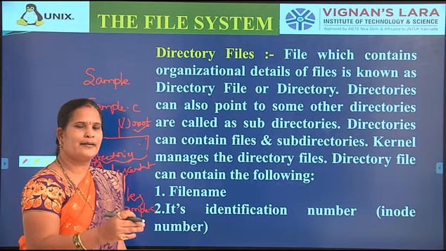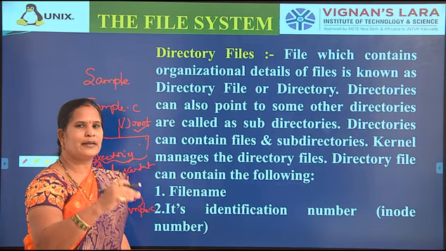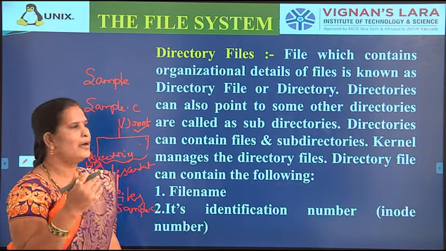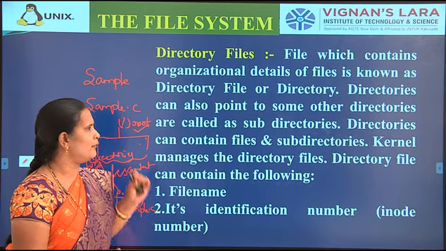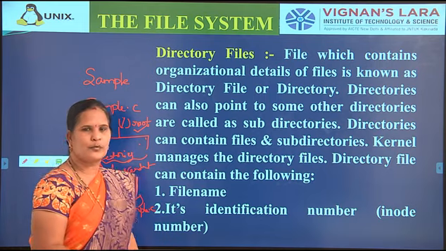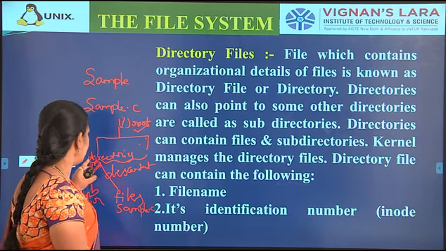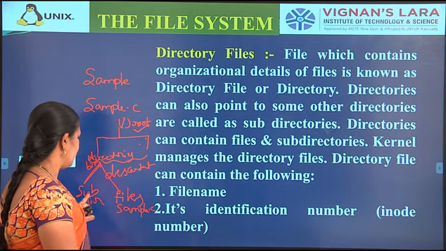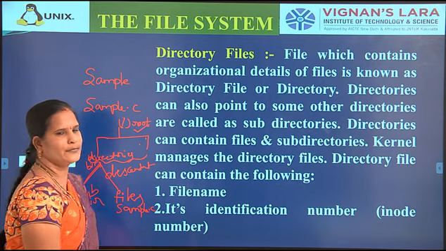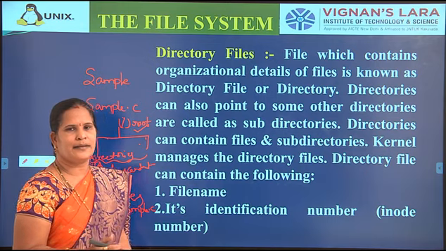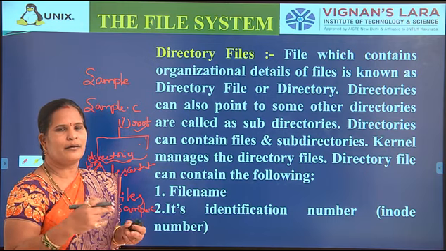A file which contains organizational details of files is known as a directory or a directory file. Directory files can also point to subdirectories and files. Under a directory we can create either subdirectories or files.